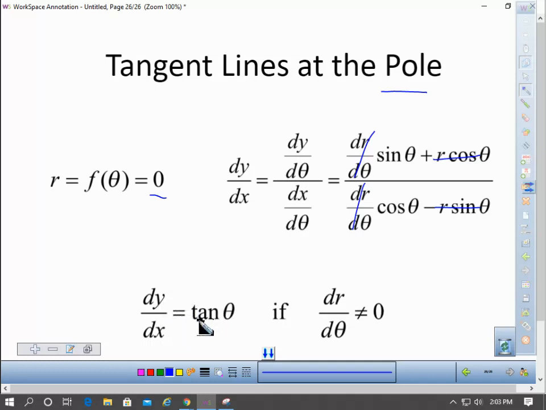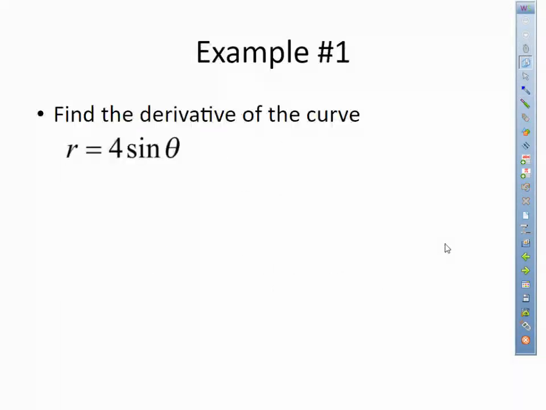The only thing is the dr/d theta cannot equal 0 in that case, because then you'd have 0 over 0, and that would be undefined. So if you're looking for tangent lines at the pole, you just have to look at the derivative equaling tangent theta and go from there. That's just a special case.